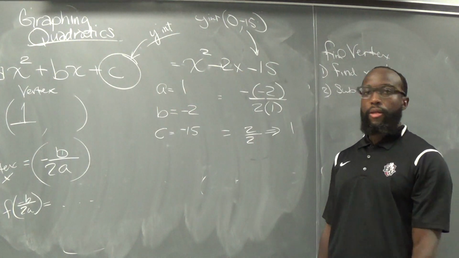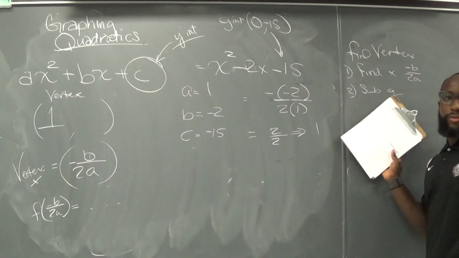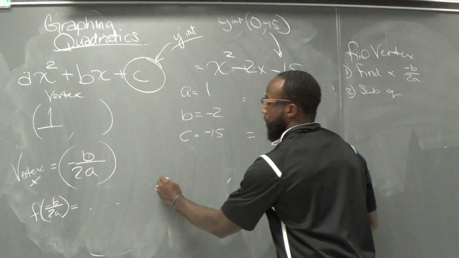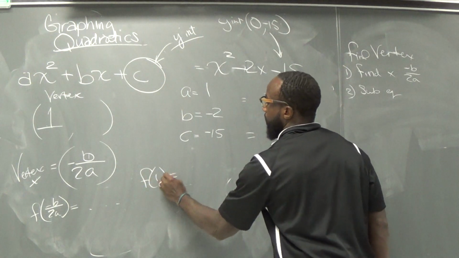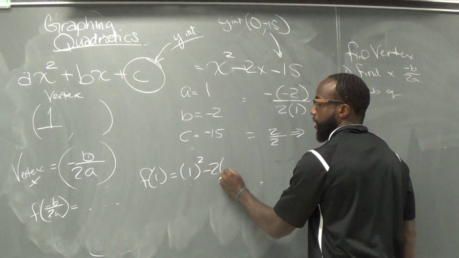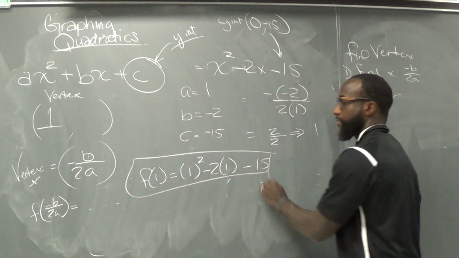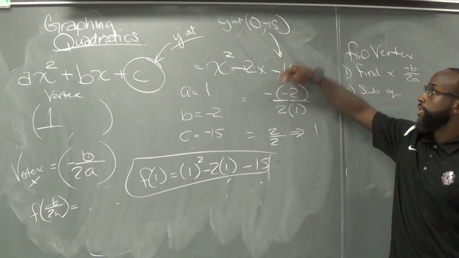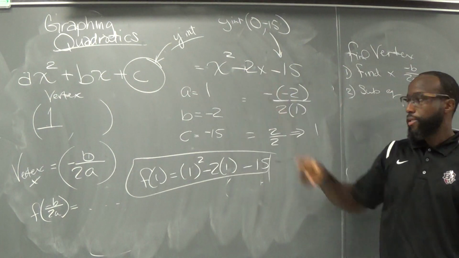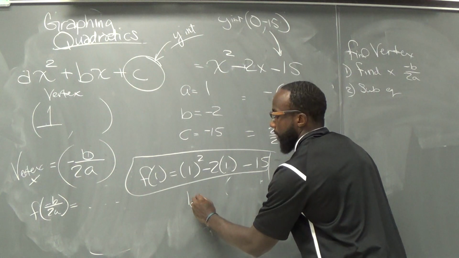Now, in order to find the y, you're going to substitute this x value into the equation, right? So f of 1 equals 1 squared minus 2 times 1 minus 15. Does everybody see where I got this from? This is the original equation here. We just substituted the 1 in for x. So 1 squared is what? 1.